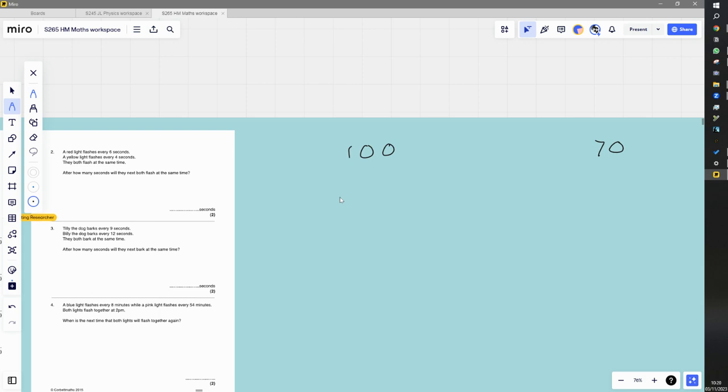So if you just follow me over to the right hand side of this board, all I have to do to make a factor tree is divide it by anything I want. So I could divide this by 2, and then I would get 50. Now, what we do is we keep dividing all the numbers by other things.